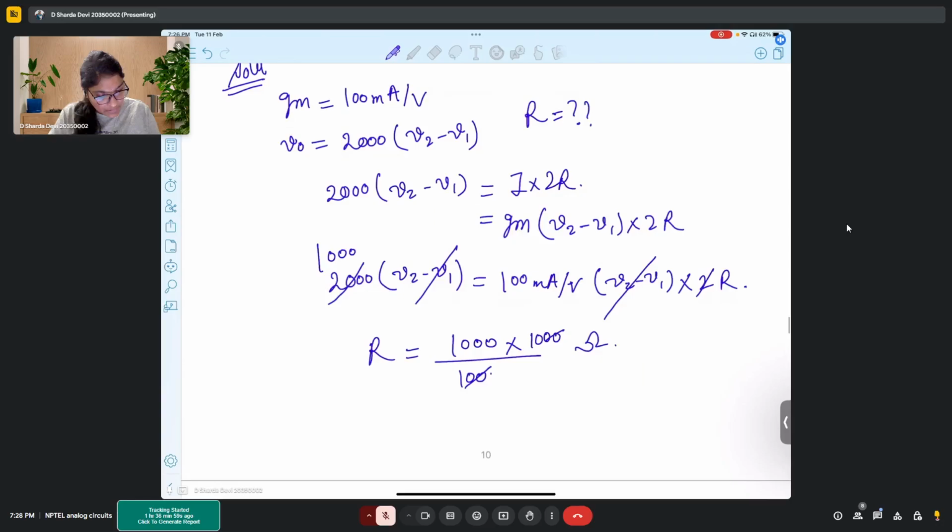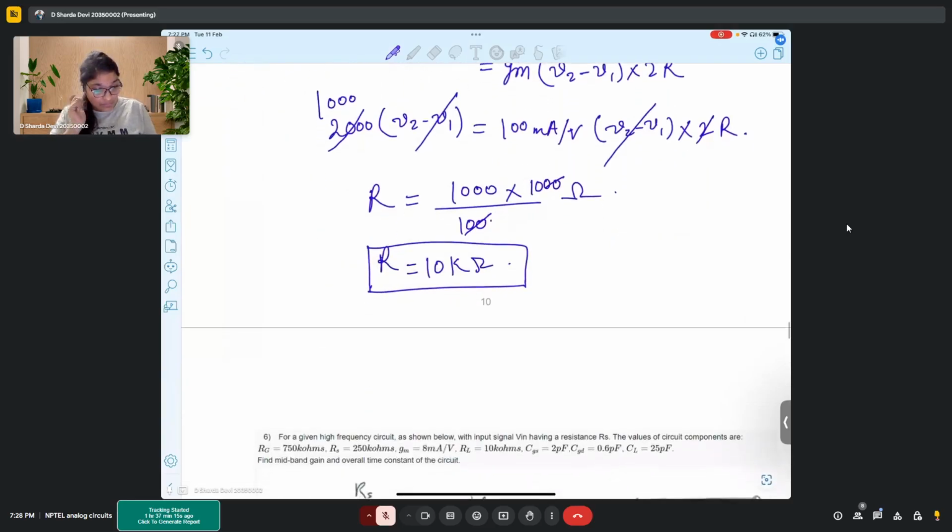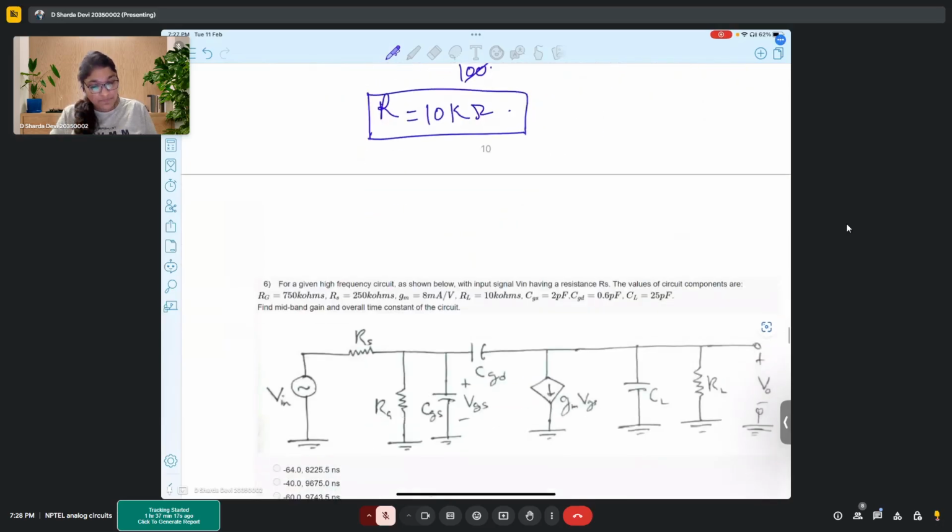So this becomes R equal to 10 kilo-ohms. Straightforward calculations, right? Now moving to the next problem.